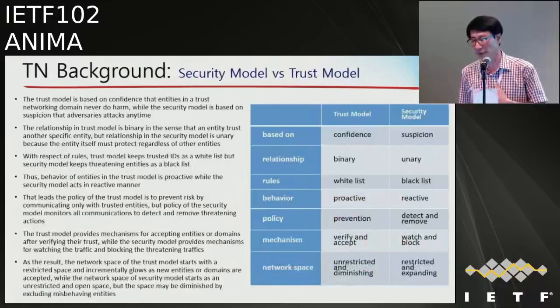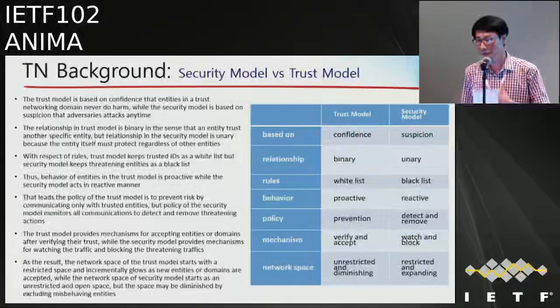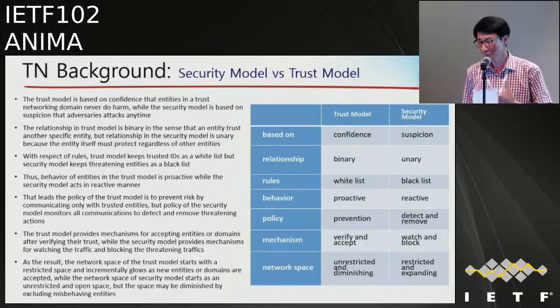Yeah. So in this slide, I have the comparison between the current security model and the trust model that I'm proposing here. Those two are pretty much opposite in their characteristics. The trust model is based on the confidence that entities in a trust networking domain, which I introduced as another limited domain, as Brian said, never do harm. While the security model is based on the suspicion that adversaries attack anytime.